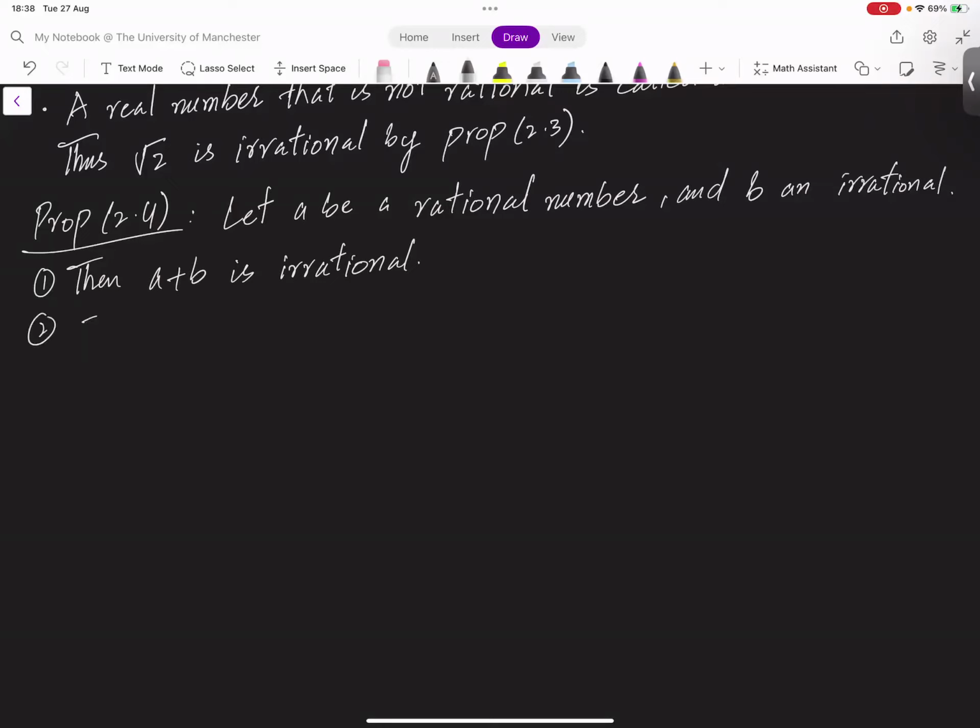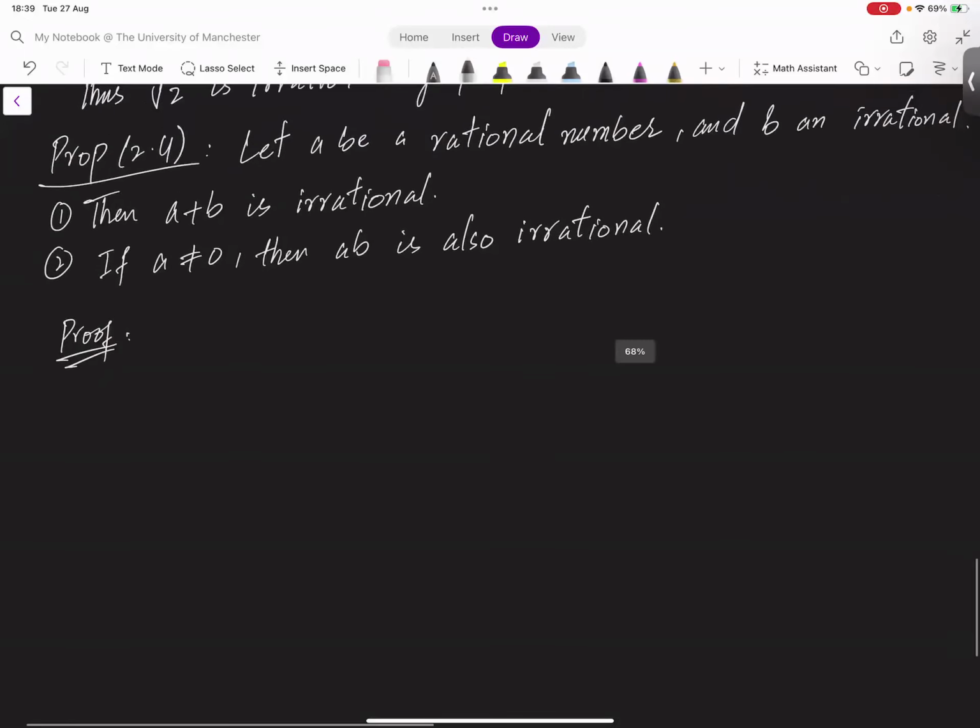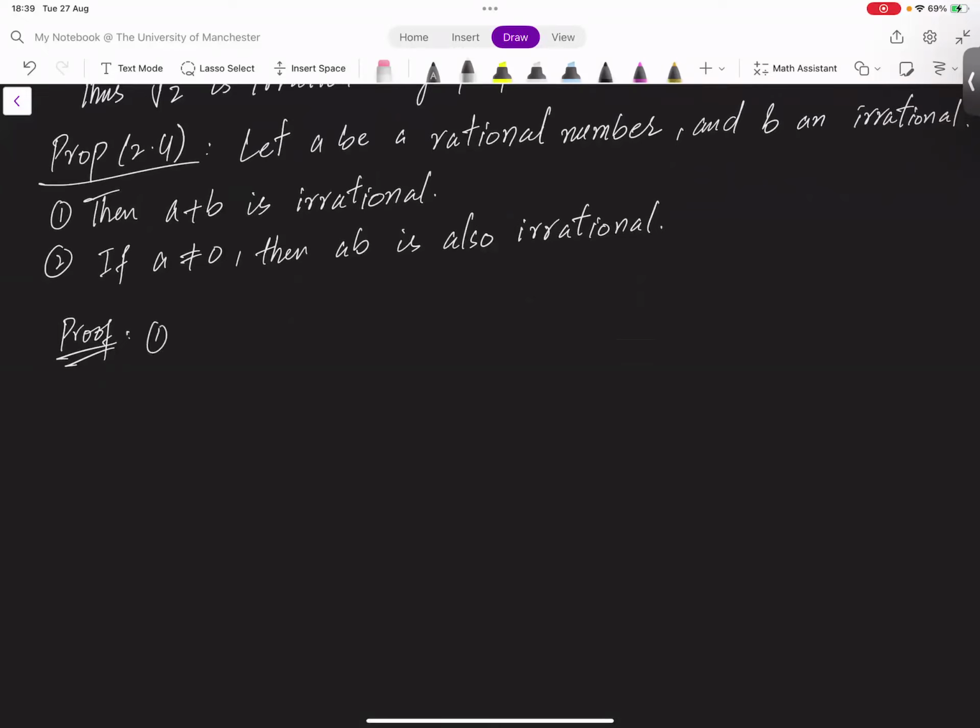Two, if a is non-zero, then their product is also irrational. And we can prove this. So for one, we prove by contradiction.